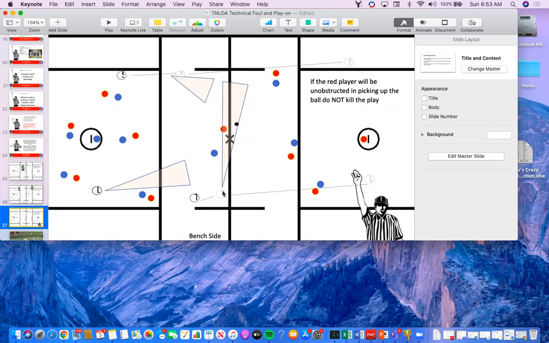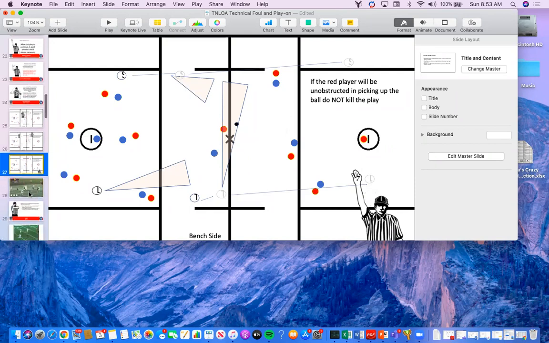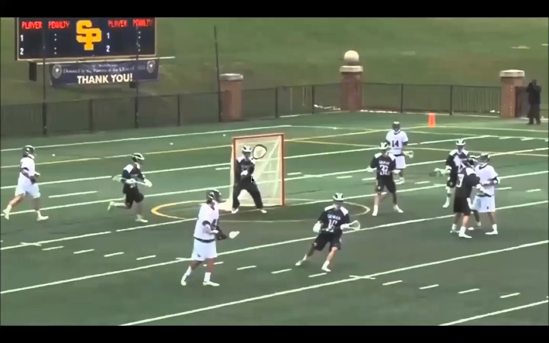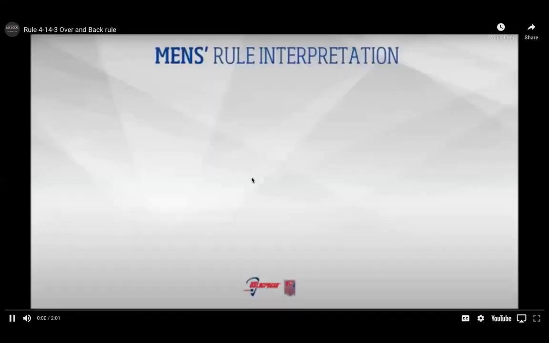Anytime play is getting close to this midfield line, the single side needs to go up into or above the box, into our kind of face-off area. We need to see this as a very, very important and crucial part of the game of lacrosse, the over and back call. So here is an over and back scenario.